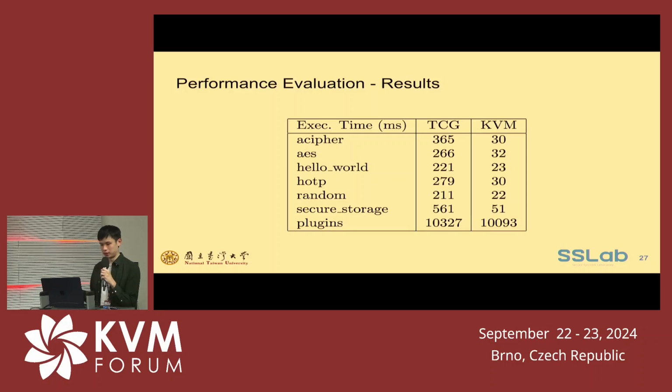Except for the plugins application, since this application invokes the Linux system log service, we believe that the Linux operation dominates the performance. So the execution time of it didn't show a significant difference between KVM and TCG.